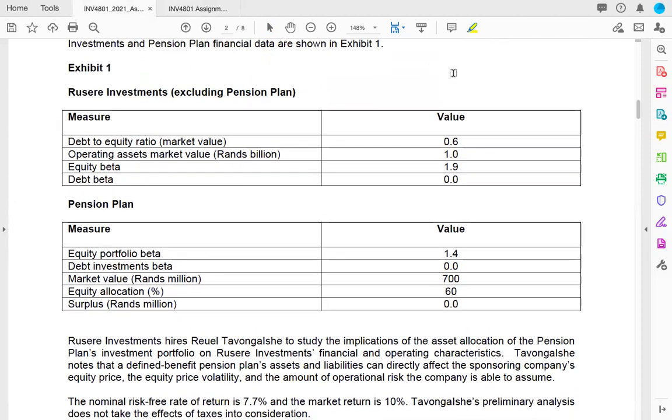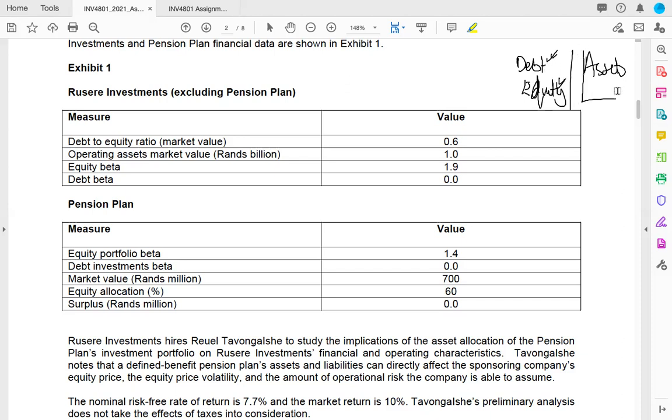Remember, with our capital structure, we have debt and we have equity on one side of the balance sheet, and then we have assets on the other side. So we've just calculated the percentage of debt in our capital structure, and we've also calculated the percentage of equity in our capital structure, right?